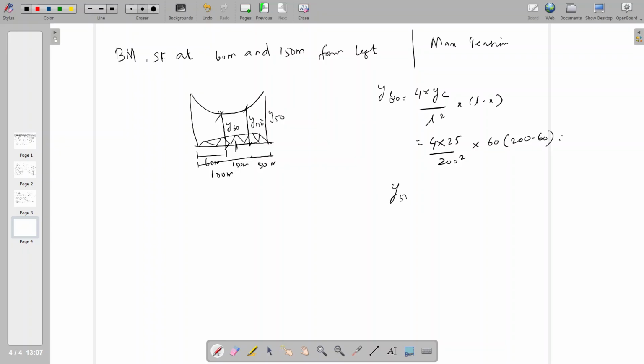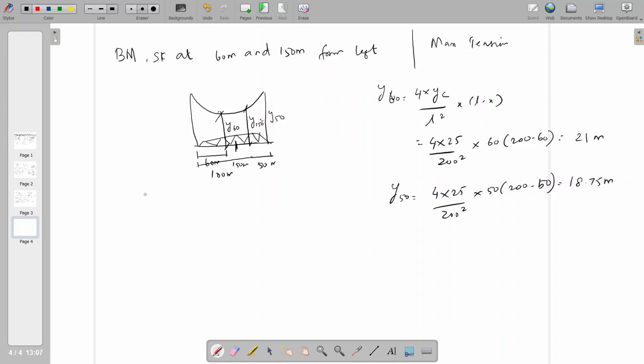And y at 50 meter from the right side, which is equal to y at 150 meter from the left side, is 4 into 25 by 200 square into 50 into 200 minus 50. So you will get two answers: at 60 meter I got 21 meter, and at 50 it is 18.75 meter.